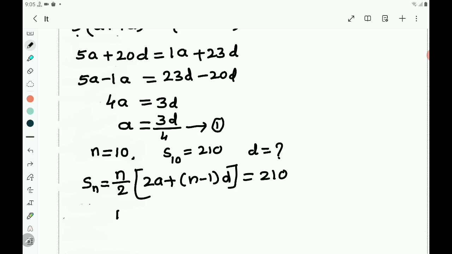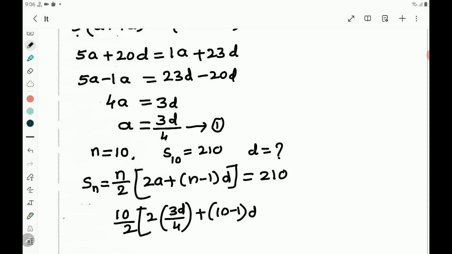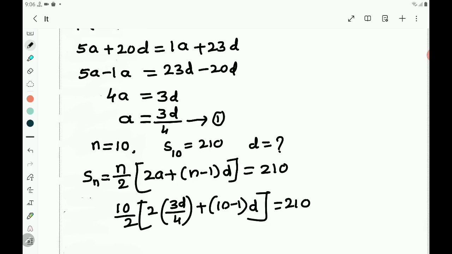n by 2 means 10 by 2. 2a means 2 into 3d by 4, plus n minus 1, 10 minus 1, into d, equals 210.